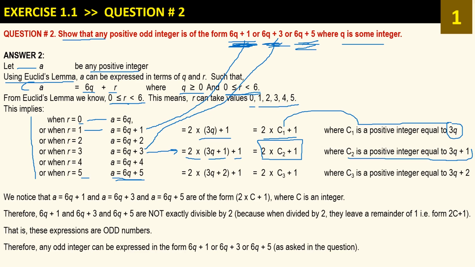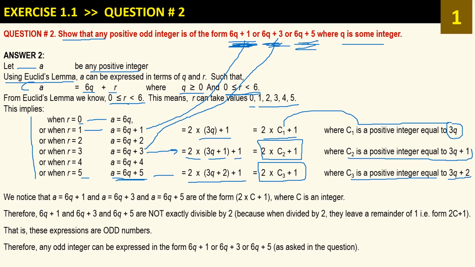We are focusing on them because they are asked in the question, and there is no need to analyze further the forms where a is equal to 6q or 6q plus 2. If we decompose 6q plus 5, it is equal to 2 times 3q plus 2, plus 1, which is of the form 2 times c3 plus 1, where c3 is a positive integer equal to 3q plus 2.